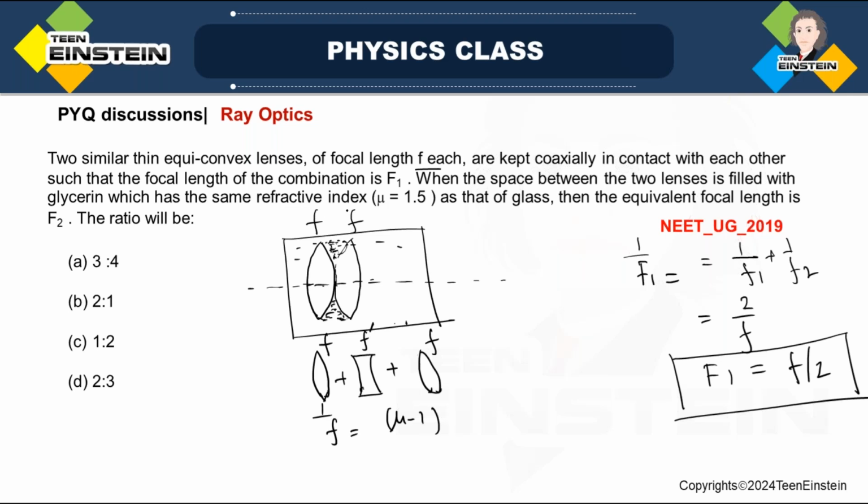The glycerin also has the same refractive index, and all of them have the same radii of curvature also.